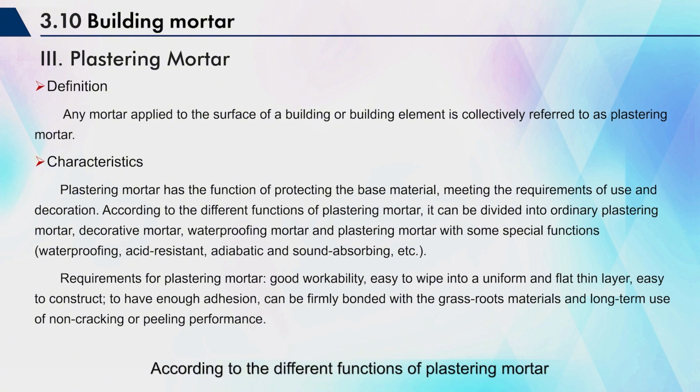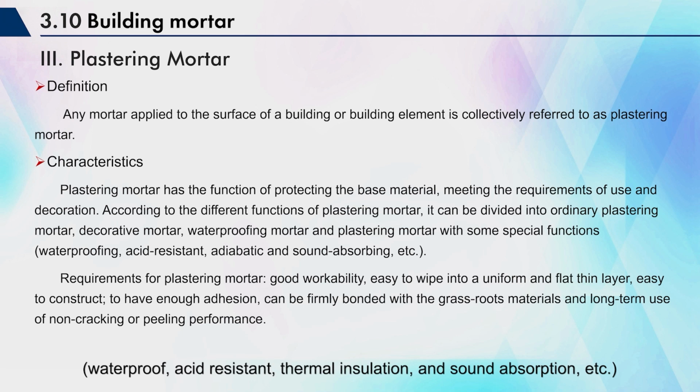According to the different functions of plastering mortar, it can be divided into ordinary plastering mortar, decorative mortar, waterproof mortar, and plastering mortar with certain special functions, such as waterproof, acid resistant, thermal insulation, and sound absorption.